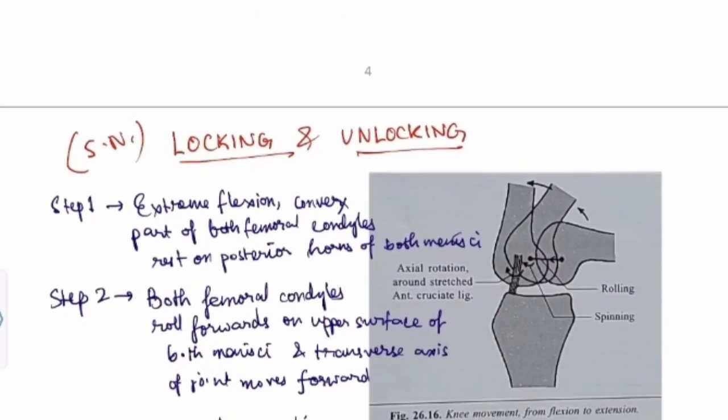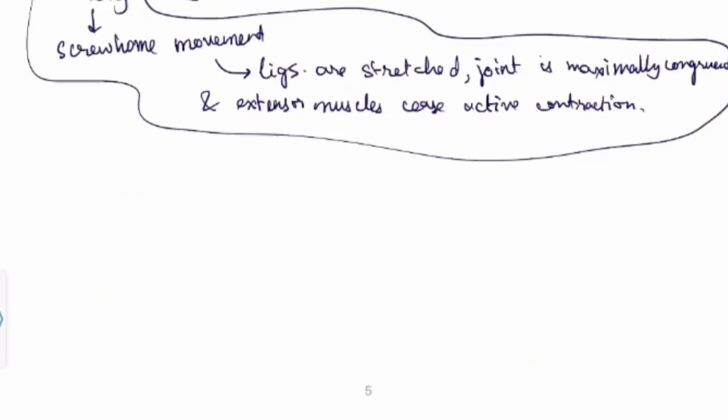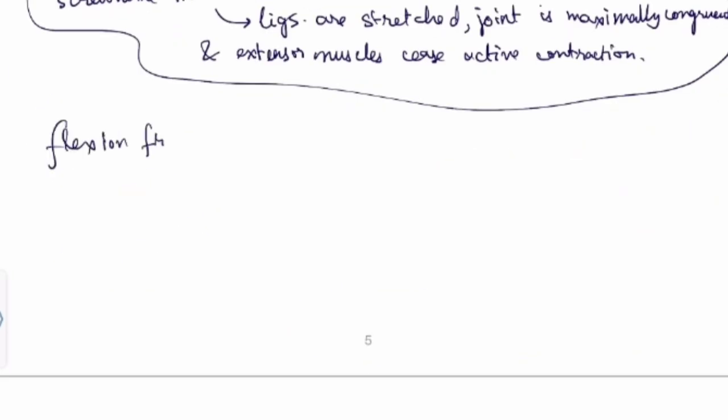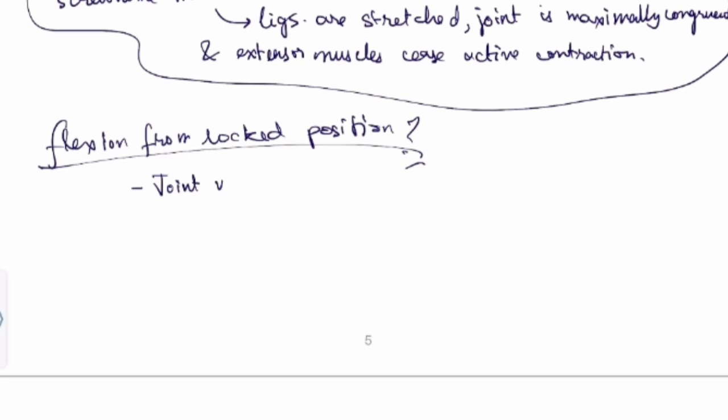Now coming to the other part. This is extension from flexion. What about the other way around? It is flexion from extension, flexion from the locked position. This is also what you have to know. So when flexion starts, the joint is first unlocked by lateral rotation of the medial femoral condyle around the axis of the anterior cruciate ligament. So that time it was rotating medially, now it's rotating laterally.